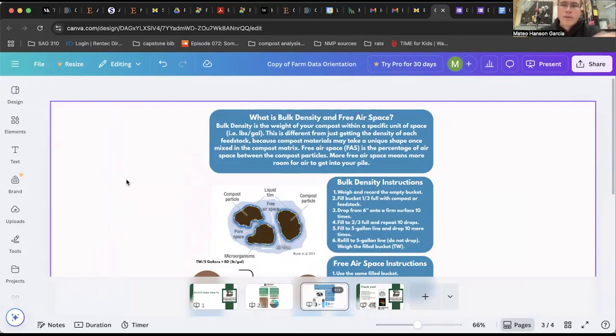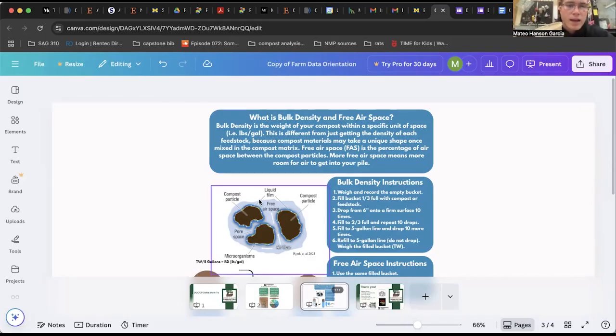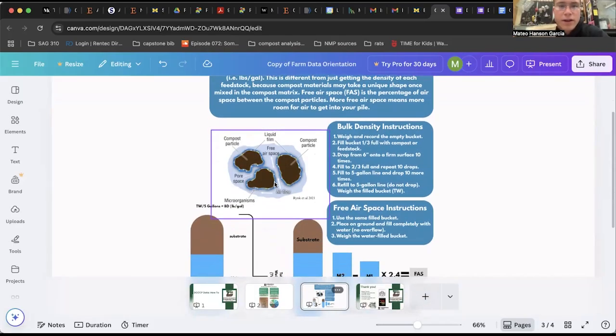For example, here, I have this Tupperware. It's got some beans in it. The beans do not occupy the total space within this Tupperware. And similarly, as we can see here in this graphic, the compost does not occupy the total space within your hypothetical pile or windrow.